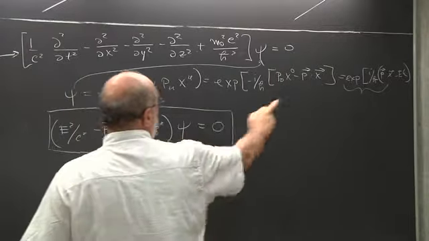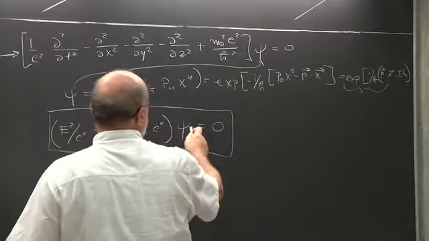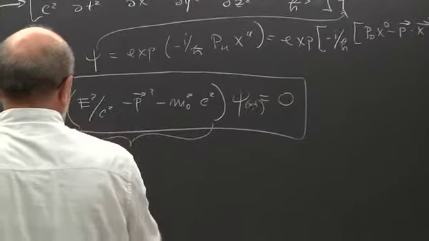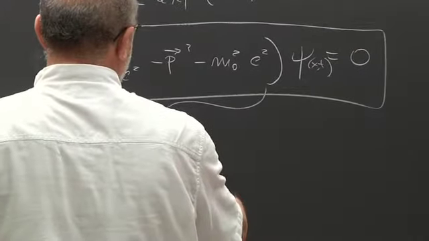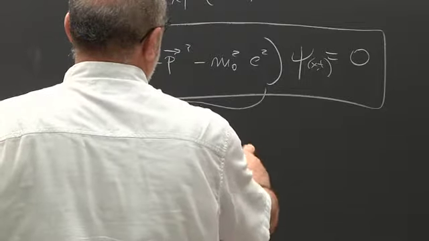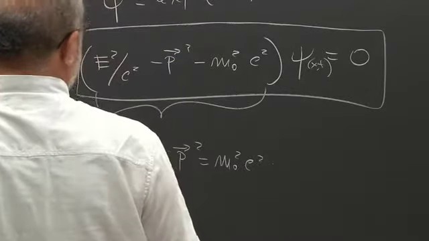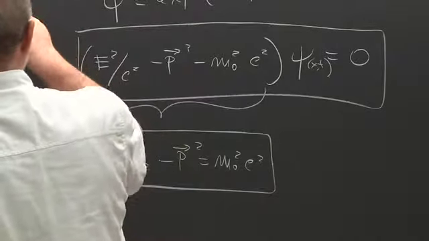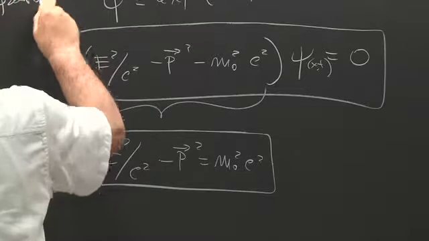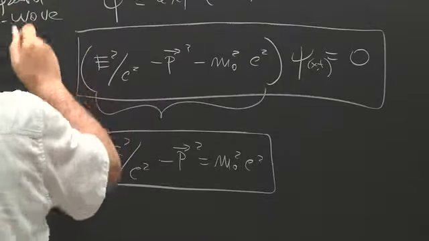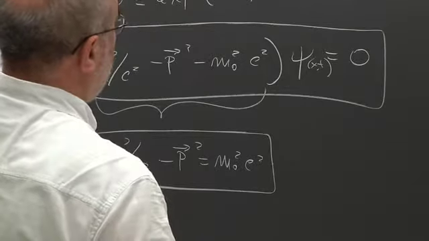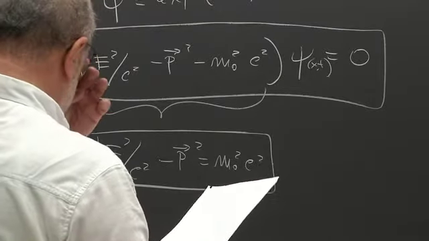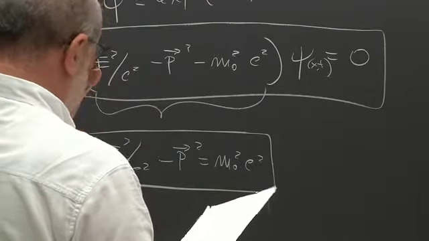But psi(x,t) has that form and is not identically 0, so this part has to be 0. That means E squared over c squared minus p squared must be equal to m squared c squared. So that means a plane wave is a solution of the free Klein-Gordon equation only if the energy and the momentum satisfy this mass shell relation.